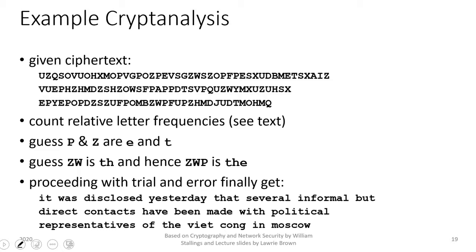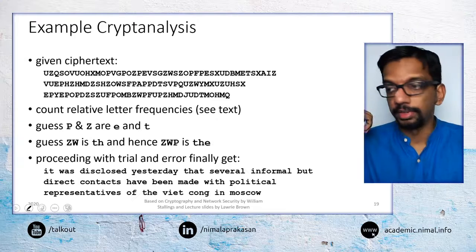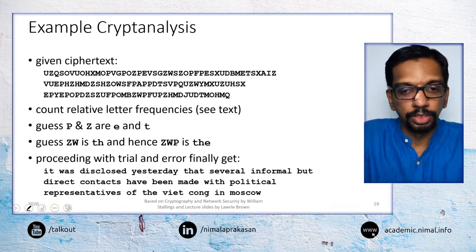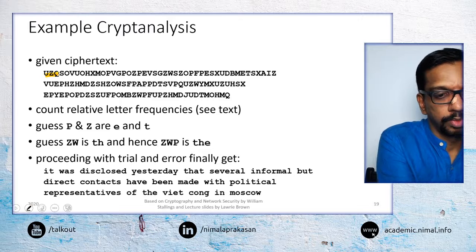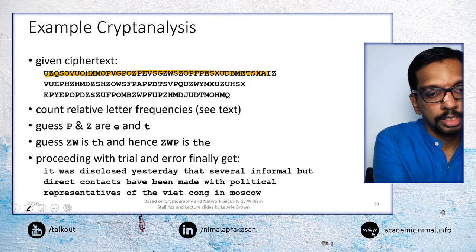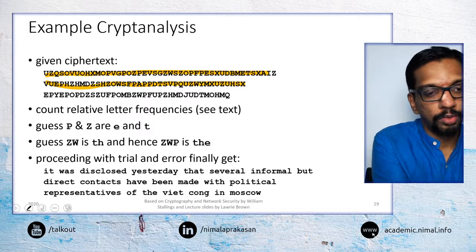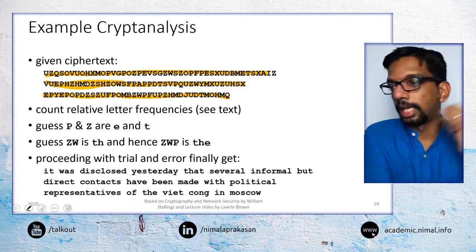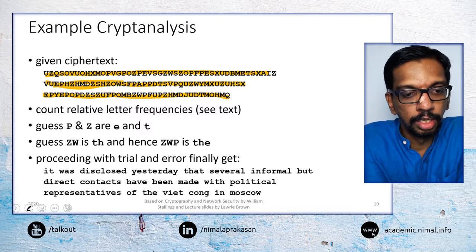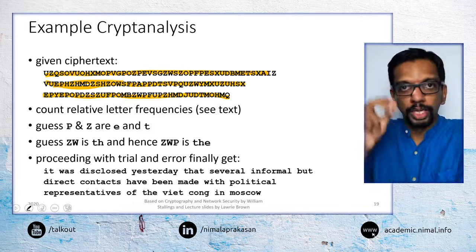Say for example, we are given this particular ciphertext. In this ciphertext, if we go and observe the text that is available here, we can count the frequency of letters.